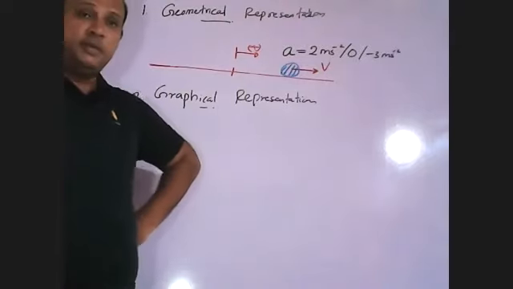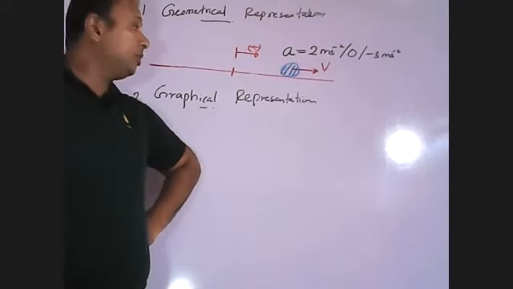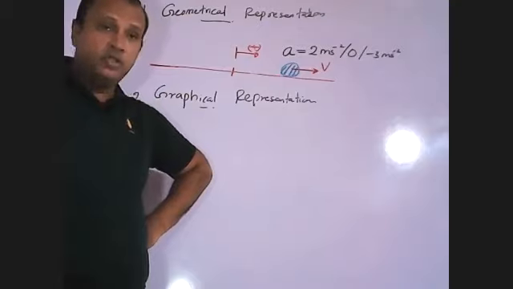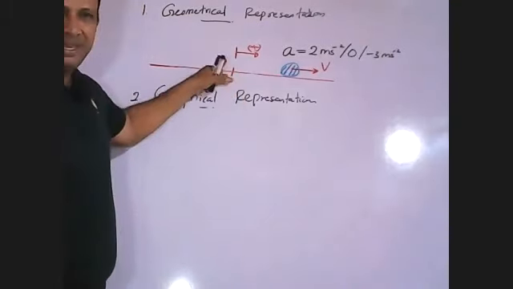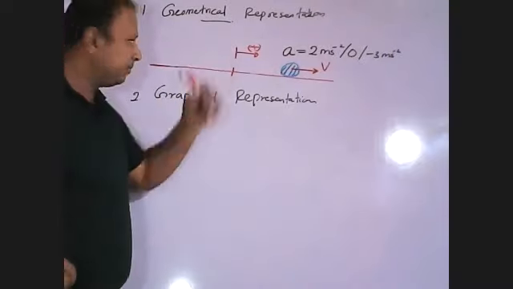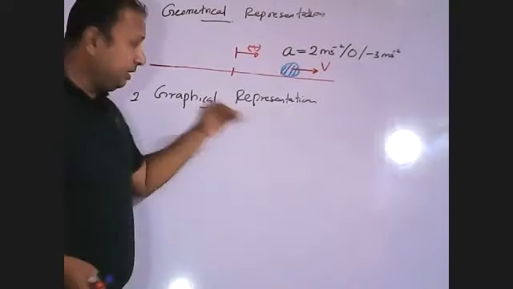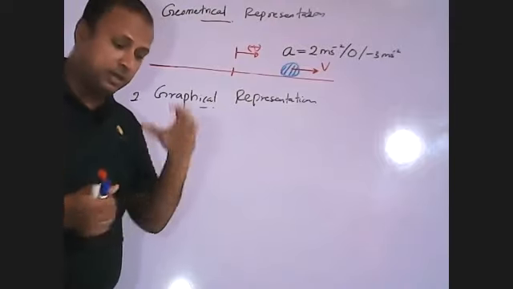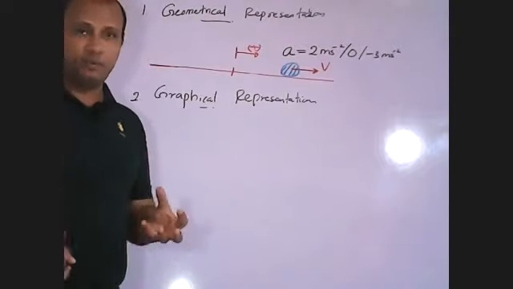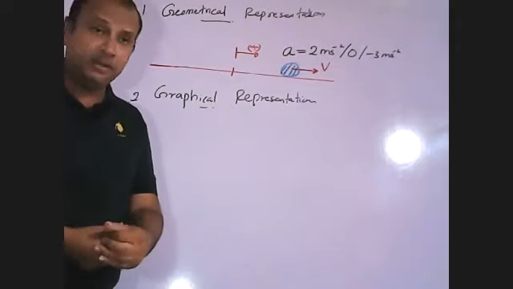That means representation of linear motion using a graph. Okay. Actually, we are not going to learn about this thing. This is a very easy thing, no? So this one is the main topic, the representation of linear motion using a graph. It is a graphical representation.